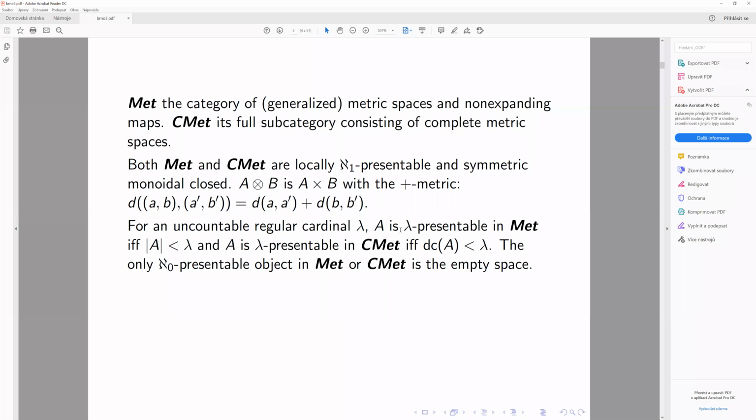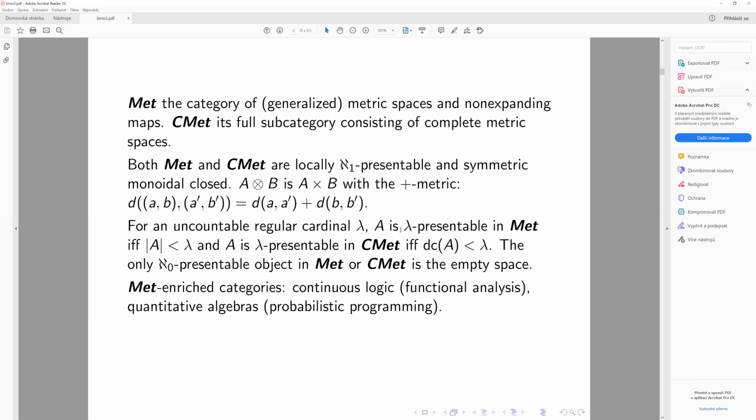So this is the basic situation, and now we work in metric enriched categories, which appear in many areas. I mention two here. One is so-called continuous logic, which is the logic over metric spaces; for instance, it emerges from functional analysis. The other is quantitative algebra, these are algebras over metric spaces, again motivated by probabilistic programming.